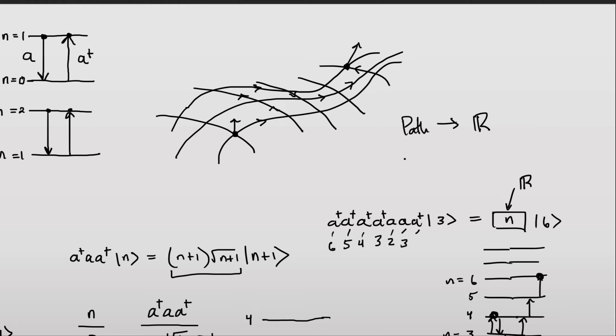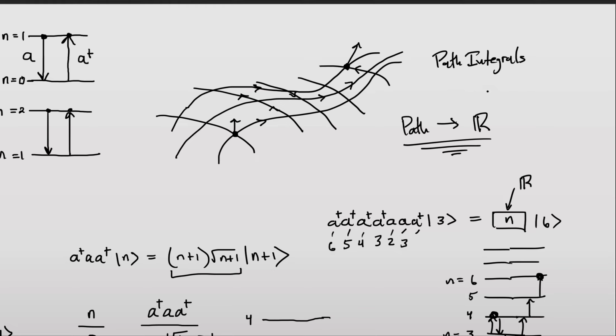And this is an extremely important point right here, because when we start talking about path integrals, we want to keep this in mind. We want to say, okay, a path from one state to another is associated with some value, right?